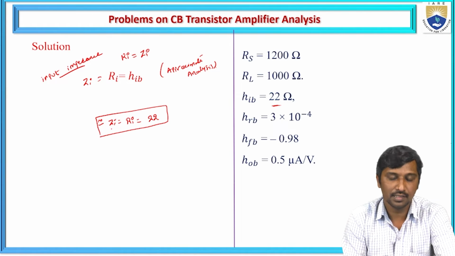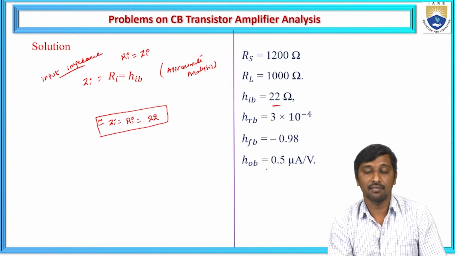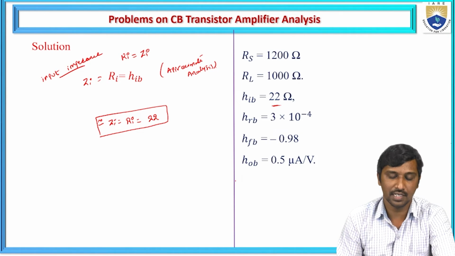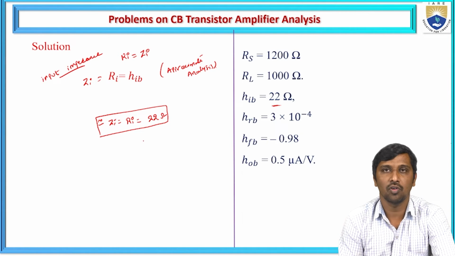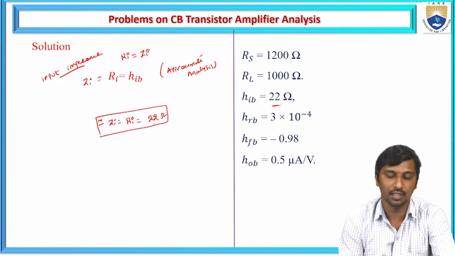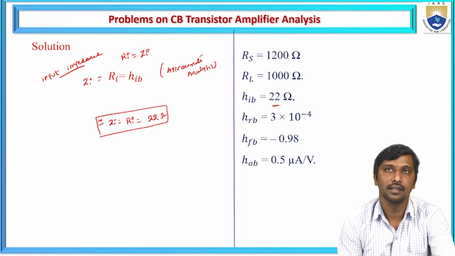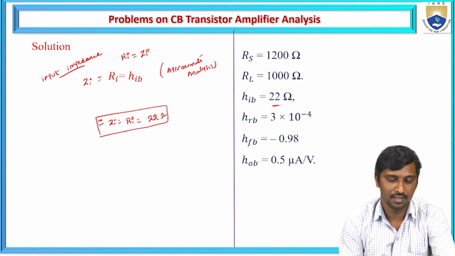In exact analysis, we got the Zi value as 22.3 ohms. A small minor deviation is observed between the approximate analysis and the exact analysis method. So from this, the input impedance Zi and Ri is represented as 22 ohms.